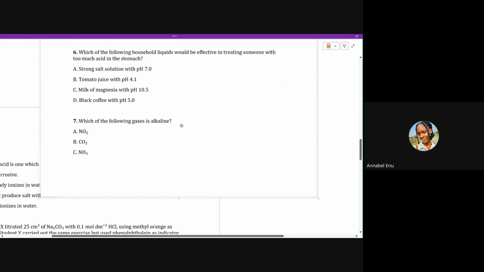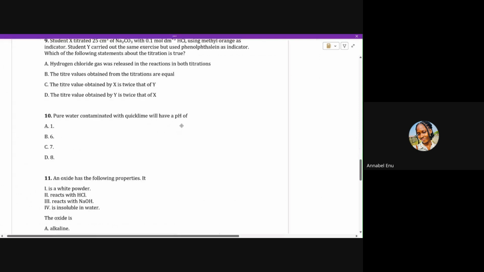Which of the following gases? So please, if you have questions, you can ask.